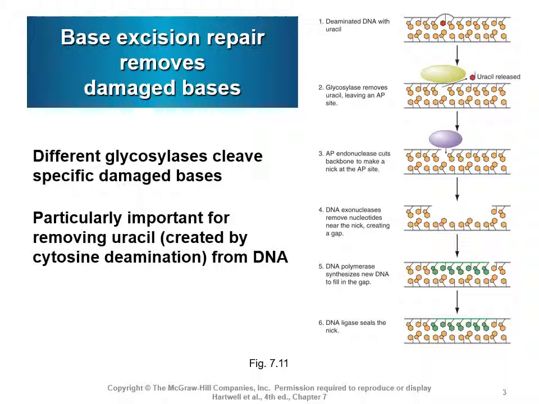Then from that point on, the DNA polymerase kicks in and fills in the missing complementary pairs. After that, DNA ligase seals the sites of the DNA, and we have the damage repair. Particularly, this mechanism is designed for removing uracil that was created by cytosine deamination. We talked about it previously.